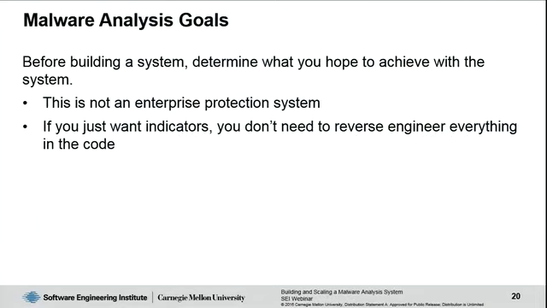So the other point here is that a malware processing system is not like an enterprise protection system. It's not an AV system. You could, in theory, if you were to do some of the processing fast enough and you didn't mind the latency involved, or however long it would take to run things, you might be able to do that. But it's really not what this is all about.